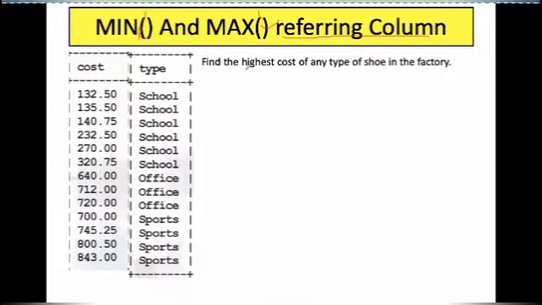Find the highest cost of any type of shoe. So let us see how this query will be written. Select max cost. Because the highest cost you had to find, we have passed this cost as argument or parameter from shoes, because we are referring to the shoes table I had shown you earlier.